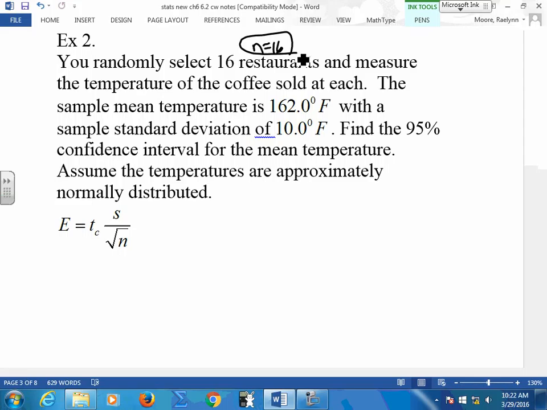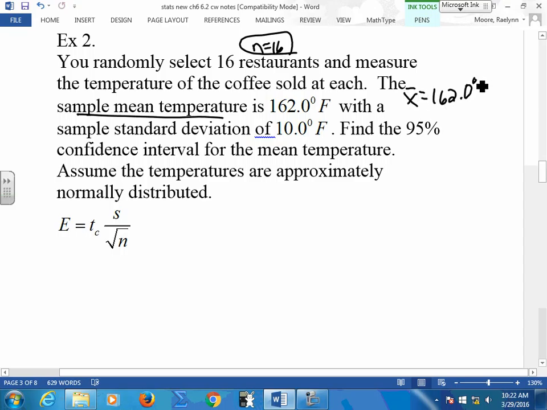You randomly select 16 restaurants and you measure the temperature of the coffee sold at each. The sample mean temperature, this is your X bar, is 162.0 degrees Fahrenheit with a sample standard deviation of 10.0 degrees Fahrenheit.